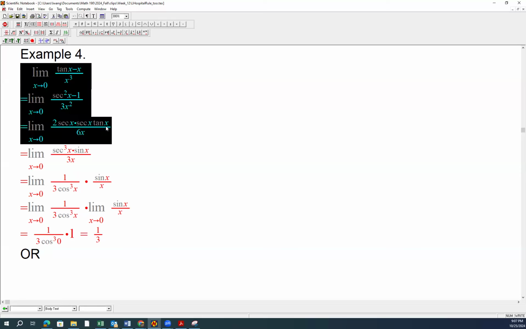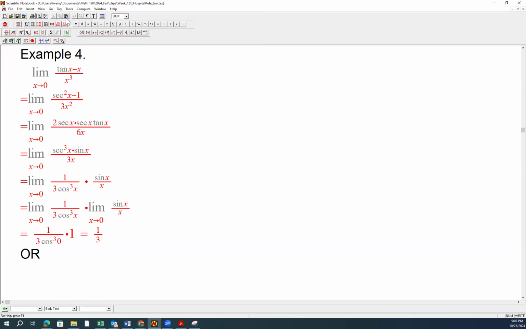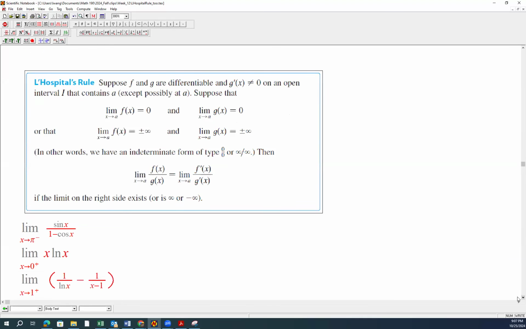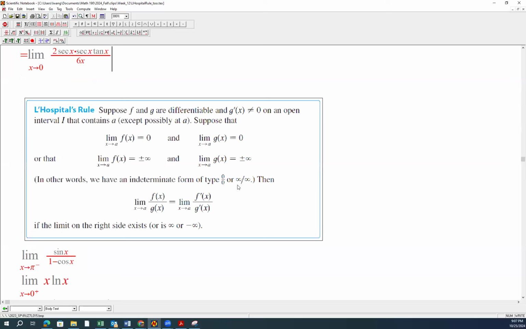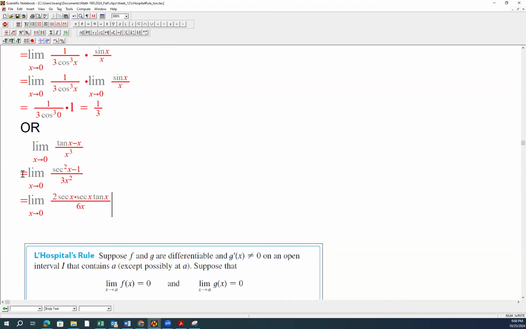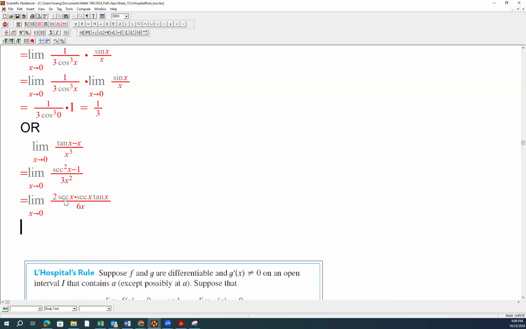Suppose we use L'Hopital's rule 3 times. We use it the first time, the second time, and you want to continue to use L'Hopital's rule. Yes, you can.